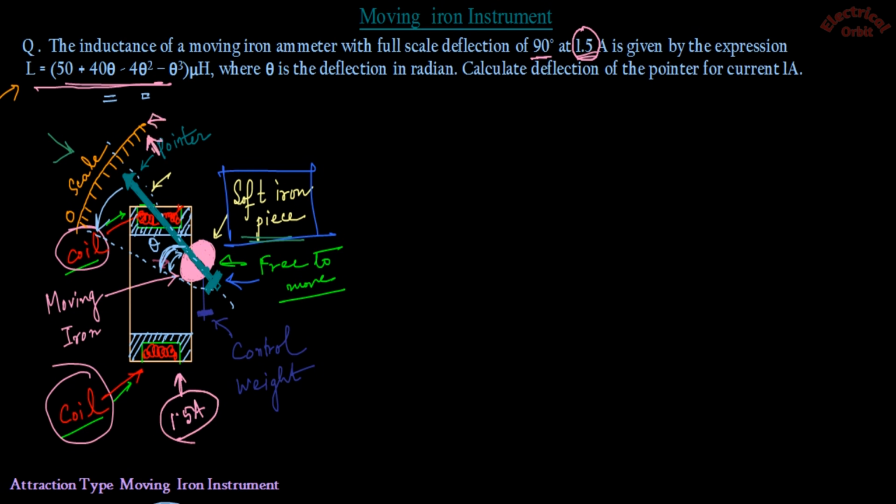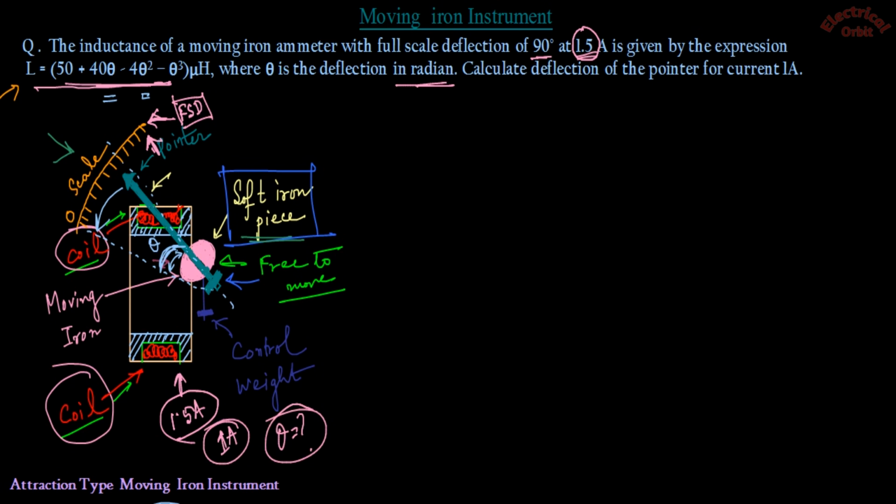This is the full scale deflection, or FSD. The expression of L is like this in microhenry, and theta is the deflection in radian. So you have to calculate, when the current flowing through this coil is 1 ampere instead of 1.5, how much the pointer will be deflected. That means what will be the value of theta then.